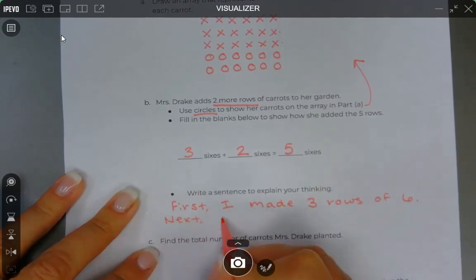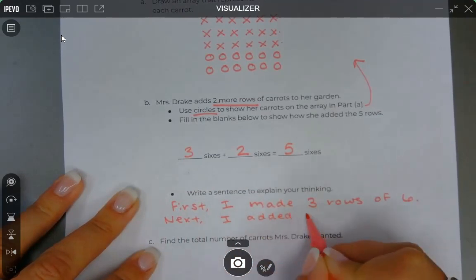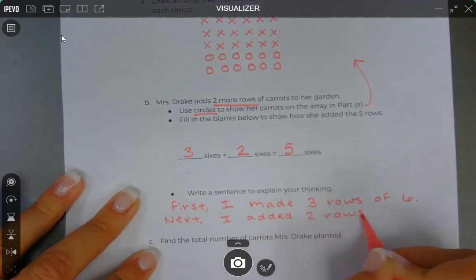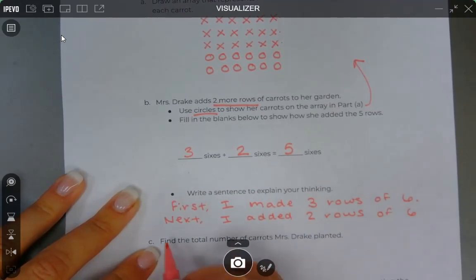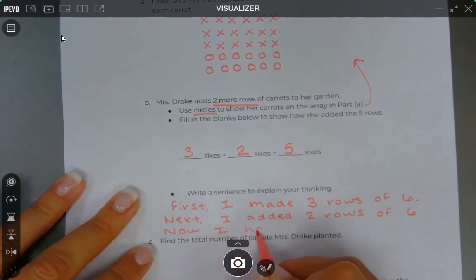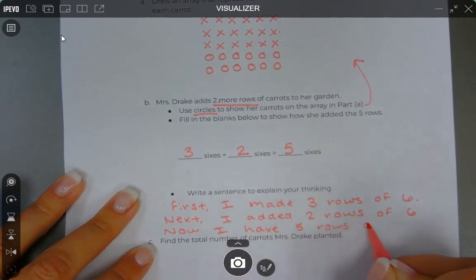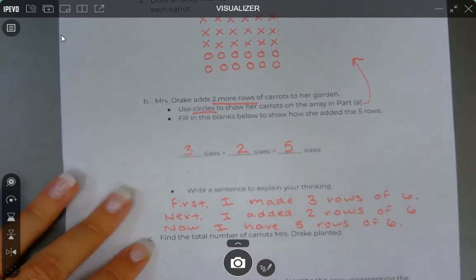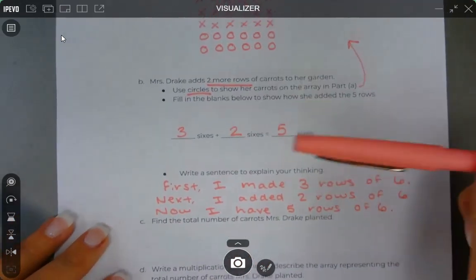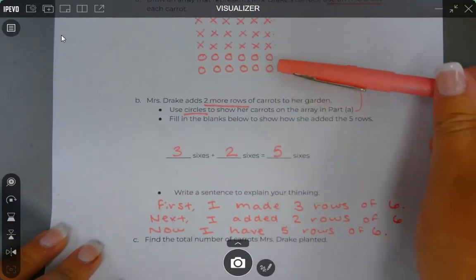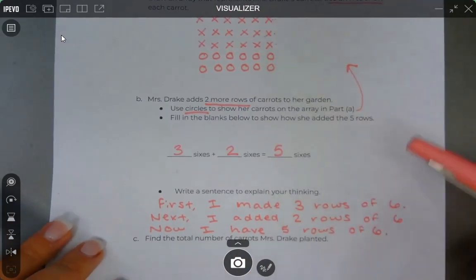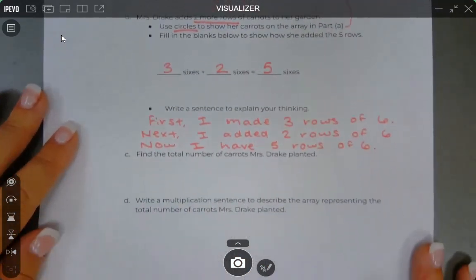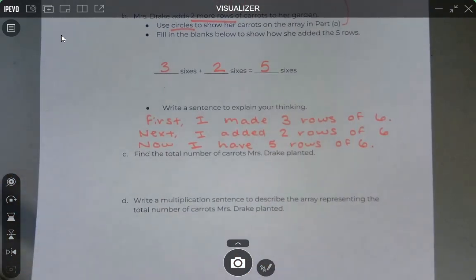Next, I added 2 rows of 6. Now I have 5 rows of 6. So first I made my 3 rows of 6, then I added 2 more rows of 6. Now I have 5 rows of 6. Take a minute to copy that down.